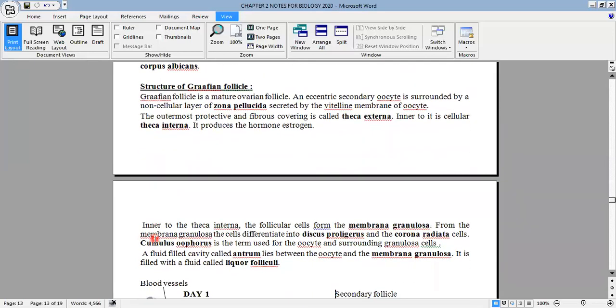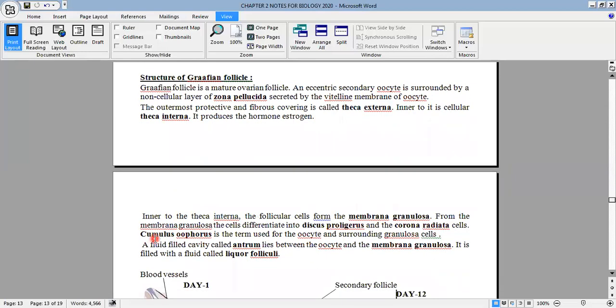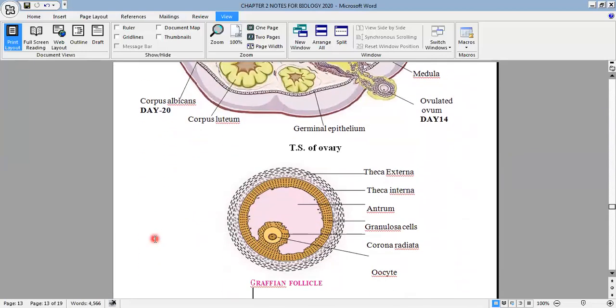So let us go through the structure of a Graafian follicle and the idea will be clear. Here you can see in the diagram separately, this is a mature Graafian follicle. As we have discussed just now, the oocyte is present in the center. This oocyte will be surrounded by a layer called corona radiata. Before formation of corona radiata, there is formation of zona pellucida, which is not shown here in the diagram.